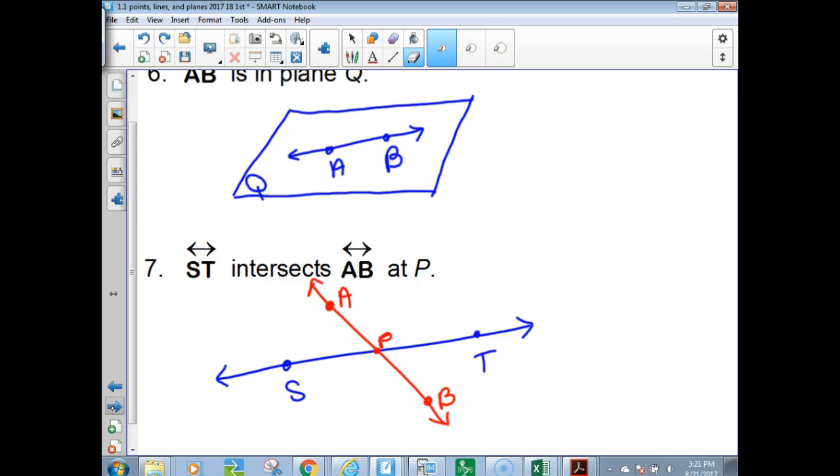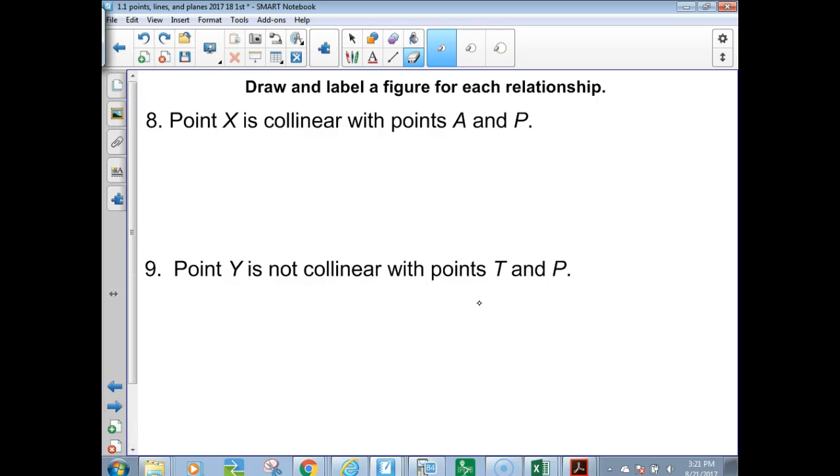Olivia, okay. Good. All right, point X is collinear with points A and P. So if it's collinear, it means it is on the same line. All right, good. Make a line.